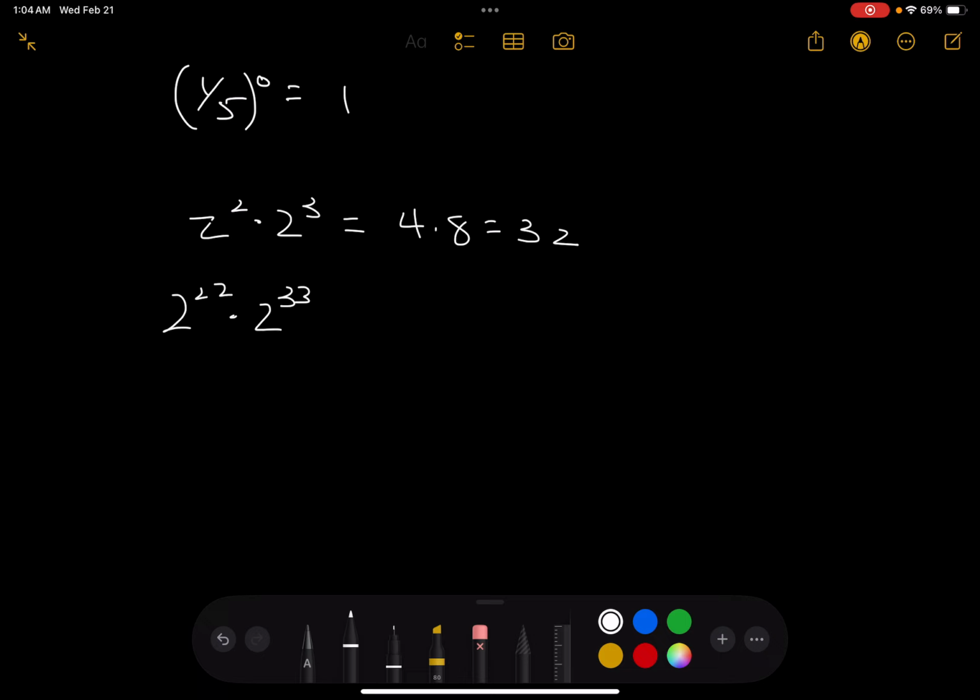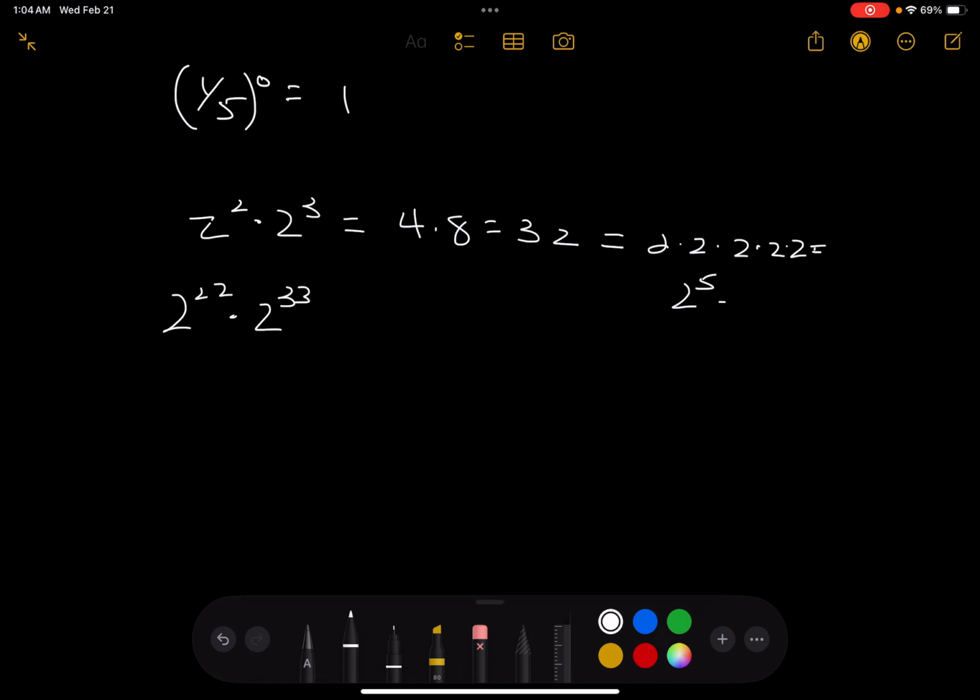In this case, it's important to understand that, and I'm going to take the simple example first, 2 to the second power is the same thing as 2 times 2. 2 to the third power is 2 times 2 times 2. And we could understand that this is the same thing as 2 to the fifth power. So when you have the same base, you could just add the powers.